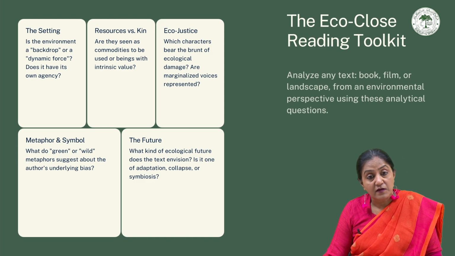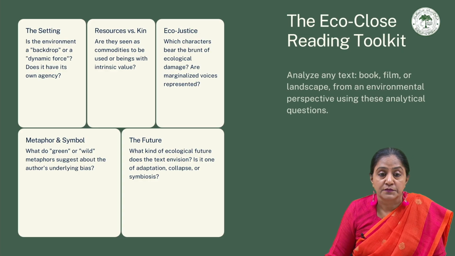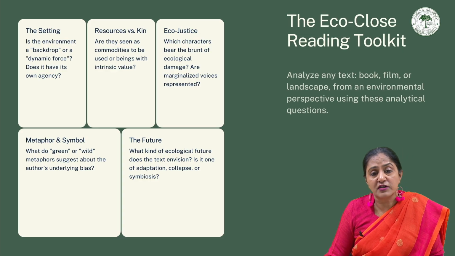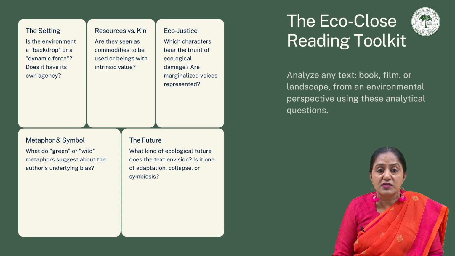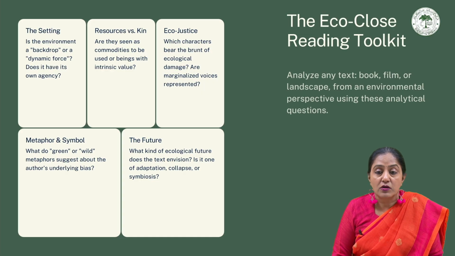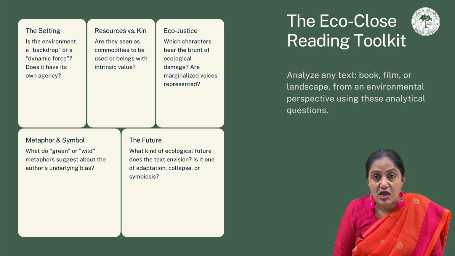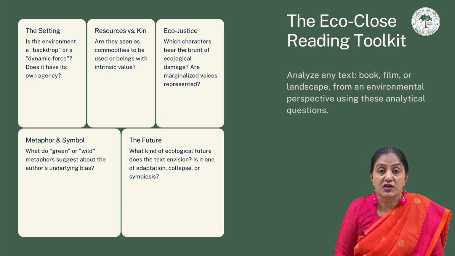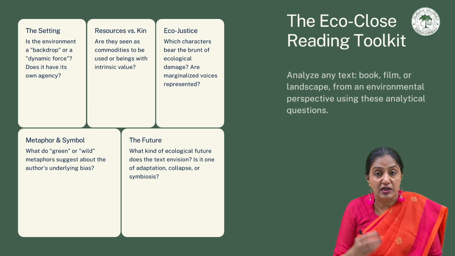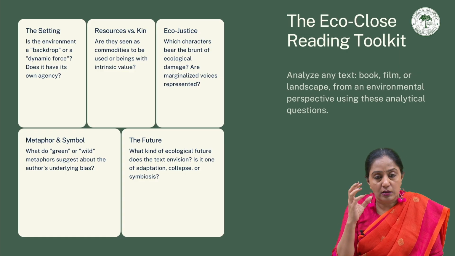And finally, we ask about the future. What ecological future does the text imagine? Collapse, adaptation, resilience, coexistence, restoration. Texts do not simply represent the present, they also project possible futures. Environmental humanities encourages us to examine these future imaginaries critically.